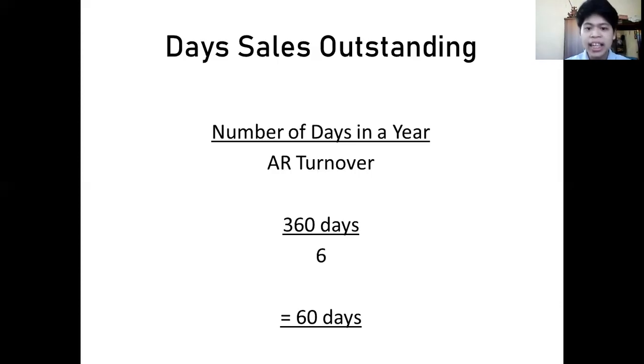Kung mas malaki ang AR turnover natin, mas mababa ang day sales outstanding natin. So, okay? So, yun yung relationship ng accounts receivable turnover and day sales outstanding. So, mas gusto natin, mas malaki yung AR turnover para mas fewer or mas konti na lang yung day sales outstanding.